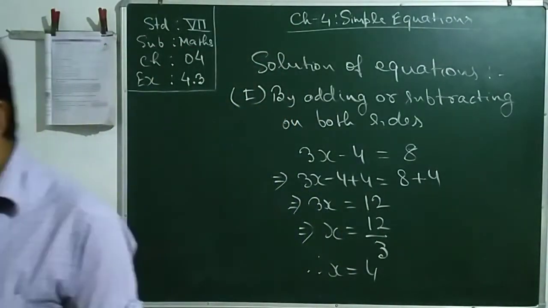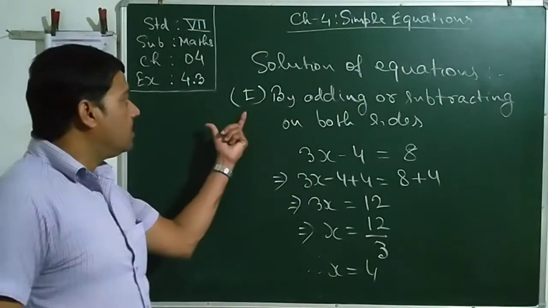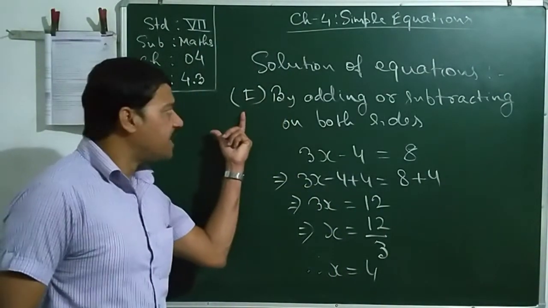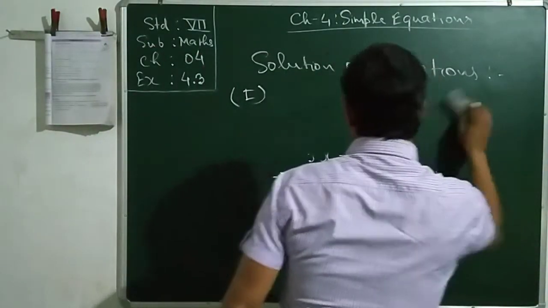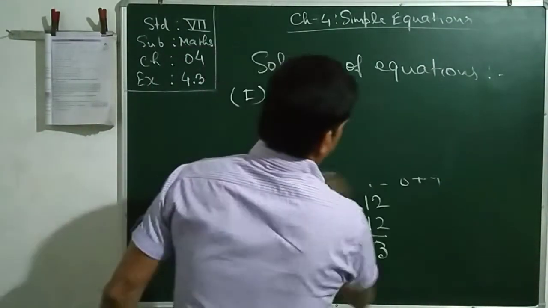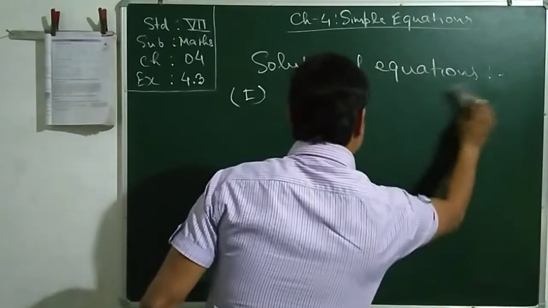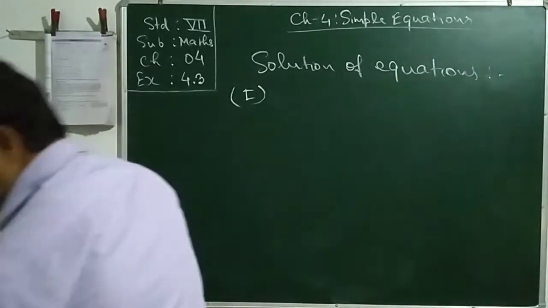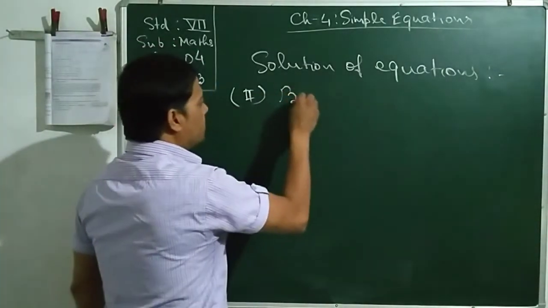But if we talk about the other method, that is the second one. The first one was by adding or subtracting. The second one is by transposing.